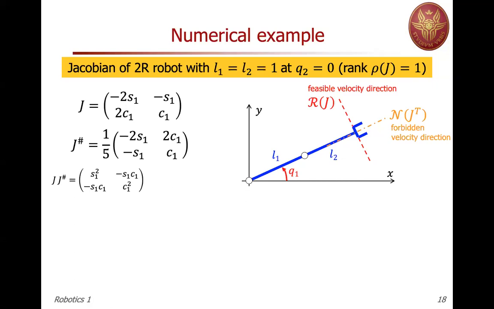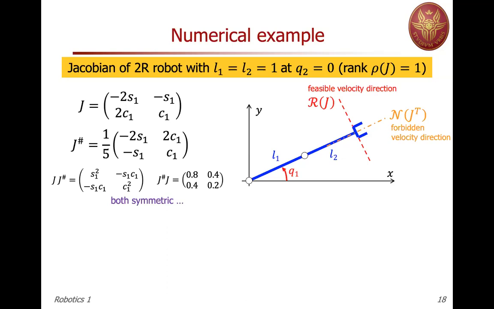And in particular, if you do the product J plus, you get this result. So not the identity, not even a diagonal matrix, but a symmetric matrix. So this is correct. If I do the reverse product, I get again a symmetric matrix, without any dependence on Q1.